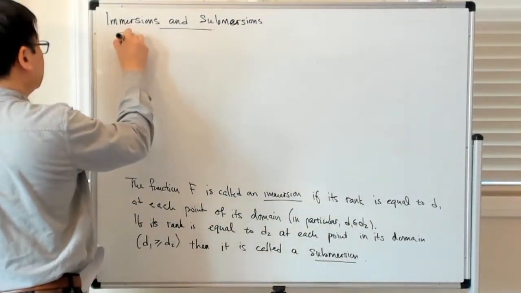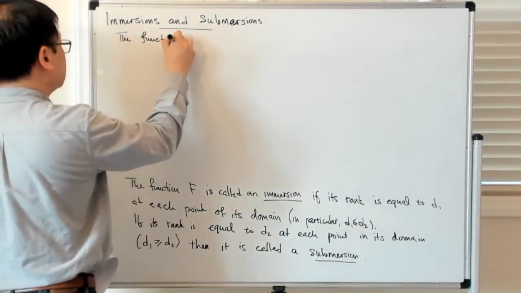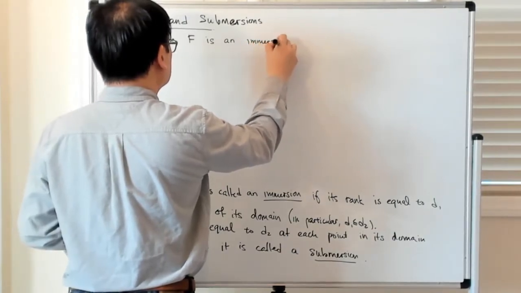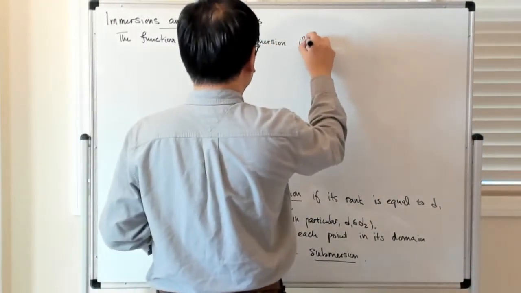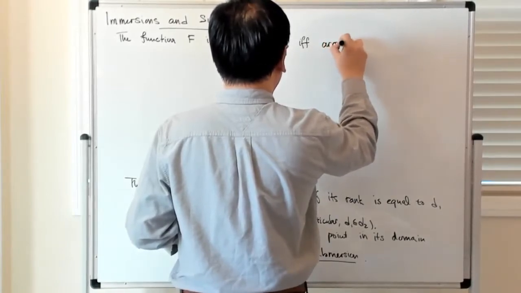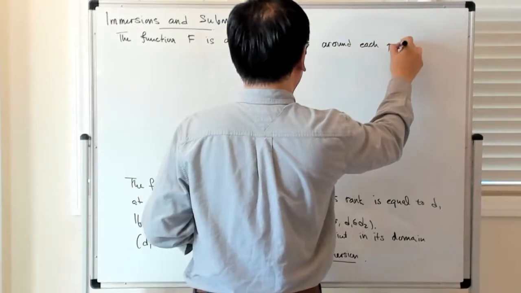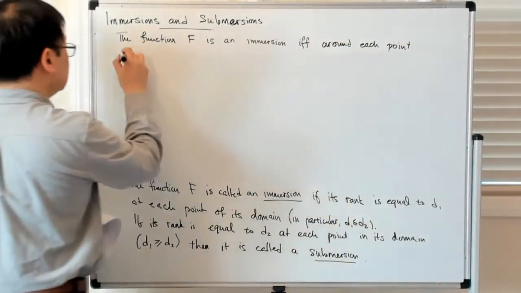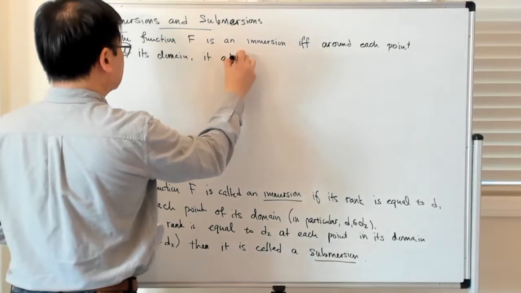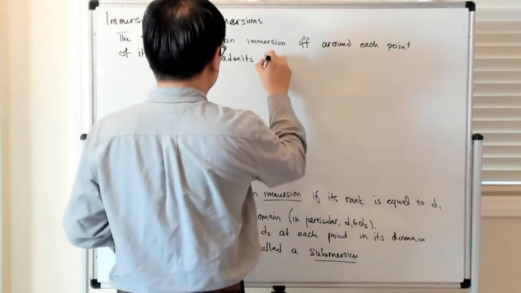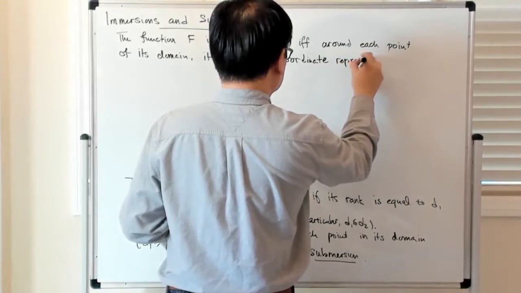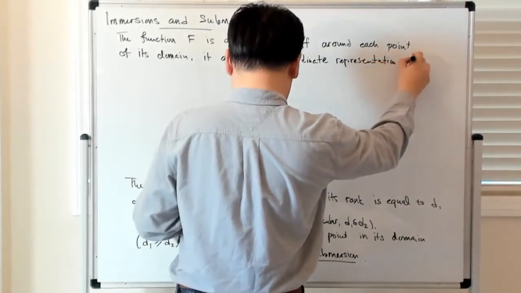So the function f is an immersion if and only if around each point of its domain it admits a coordinate representation that is the canonical immersion.